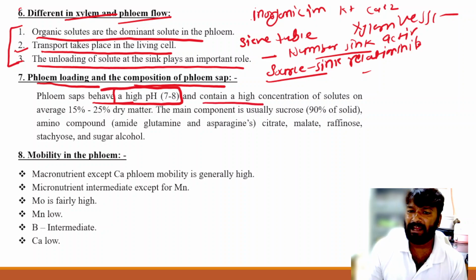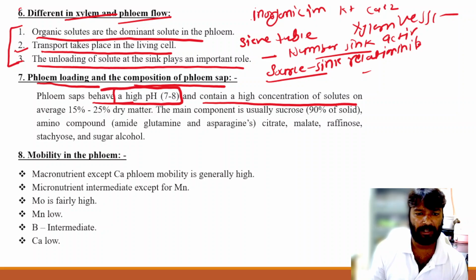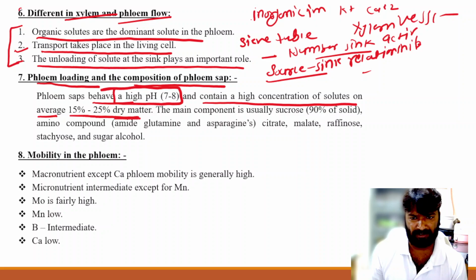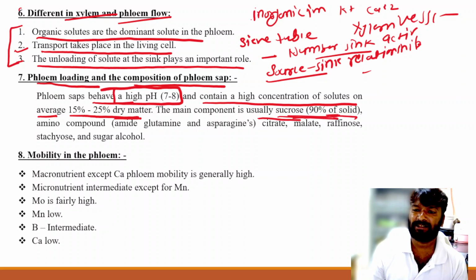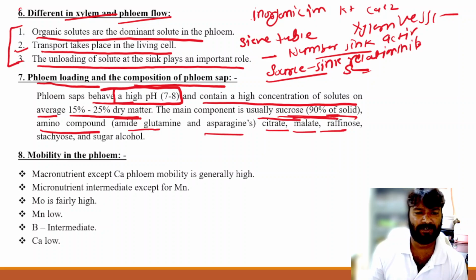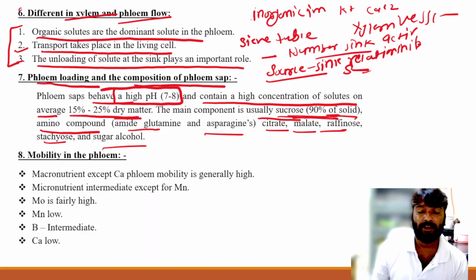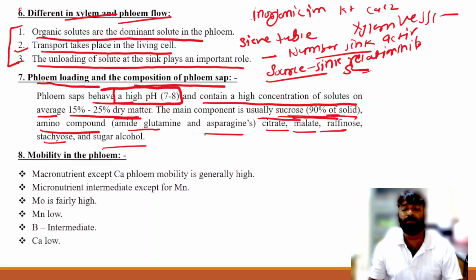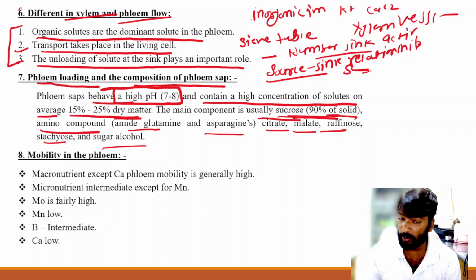Also it contains a high concentration of solutes, on average 15 to 25% of dry matter, in which the main component is sucrose, which is synthesized in the source tissue. Also some amino compounds like the amides glutamine, asparagine, also citrate, malate, raffinose, stachyose, sugar alcohols. So these are the important composition of the phloem sap.